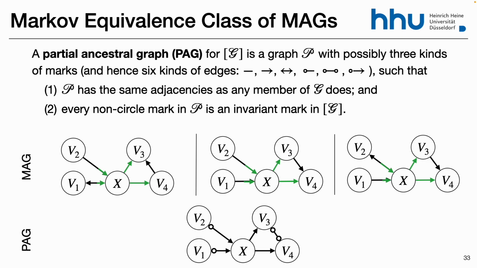So we can only infer things that are invariant. The effect of X on V3 or the effect of X on V4 is possible to compute from this example, but you cannot say anything about the effect from V3 and V4 or from V1 and X. But parts of the model you can learn, and then you can infer effects from these parts.